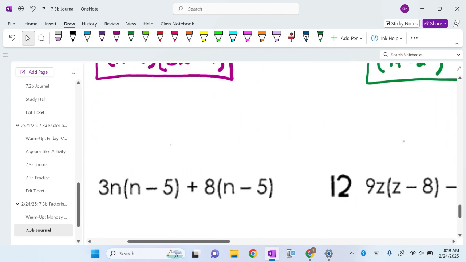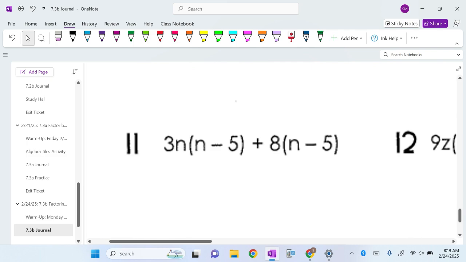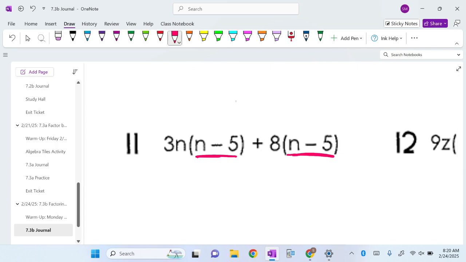So if I use that method for number 11, first off, my two sets of parentheses are the exact same binomial. So if I do the method I just did with number 10, what will my answer be?